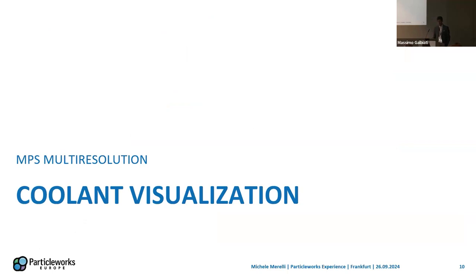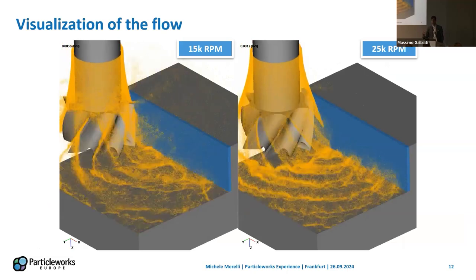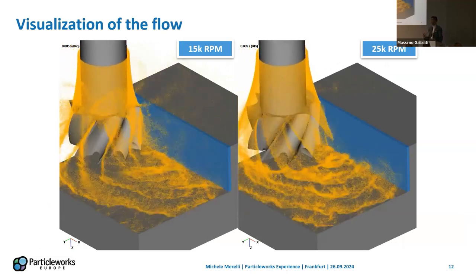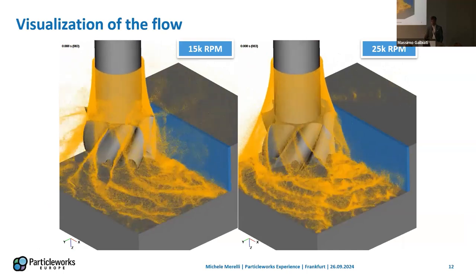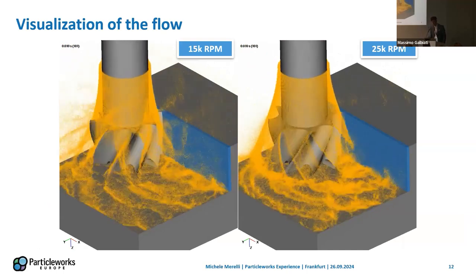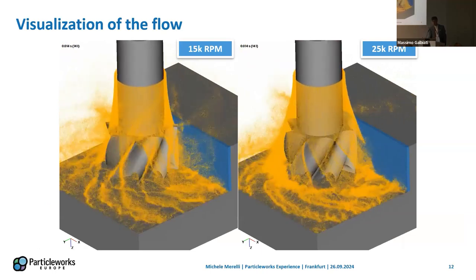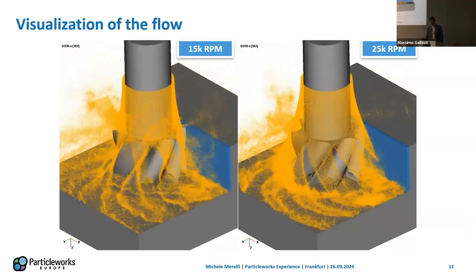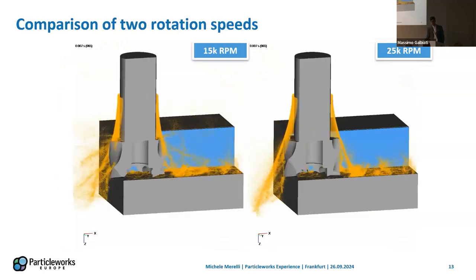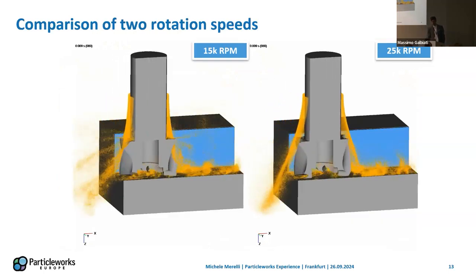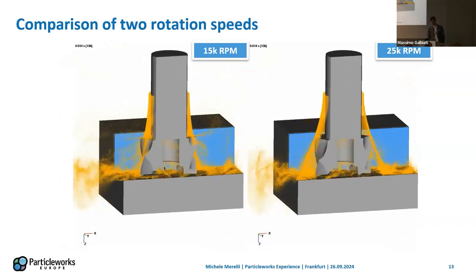As mentioned, the first advantage is of course to have a visualization of the flow and a quick feel for how the operating conditions can impact the coolability, the coolant efficiency on the tool. Here we have 2 rotational speeds, and we can see that the flow is affected by the rotation of the tool, the centrifugal forces, and that can change the performance of the tool and of the coolant.